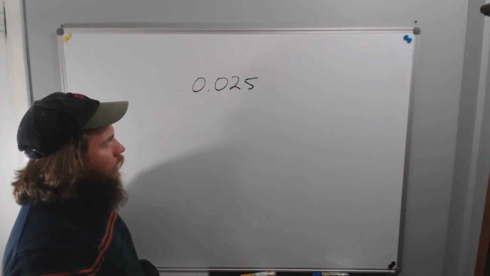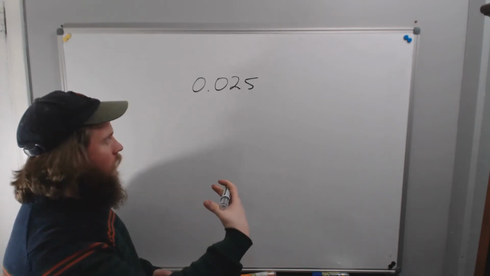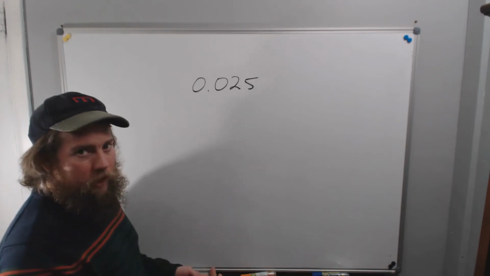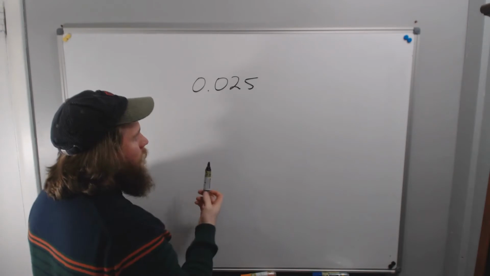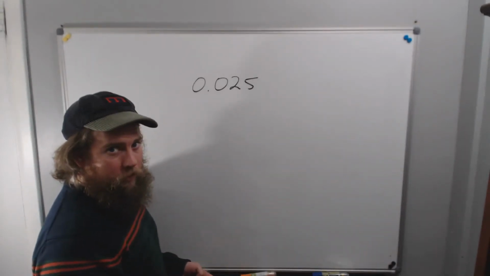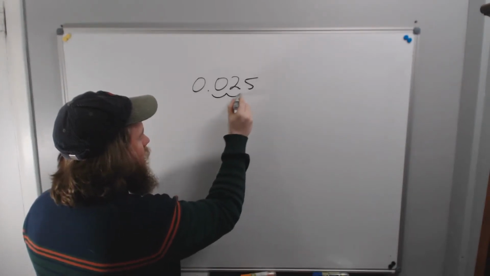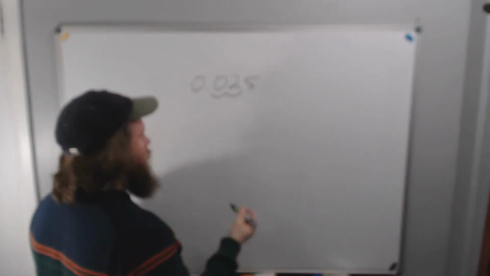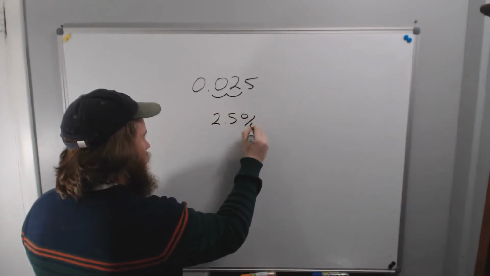So we said that going from a percent to a decimal, well, that's dividing by 100. So we move the decimal 2 places to the left. Well, going from a decimal to a percent now, we are multiplying by 100. So we need to take the decimal and move it 2 places to the right this time. So we end up with 2.5%.